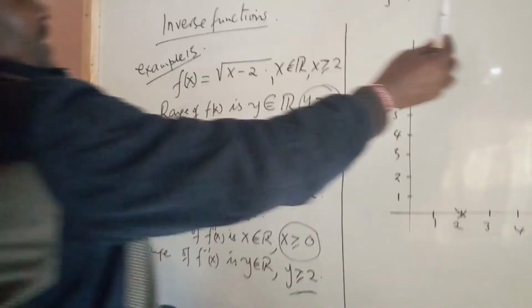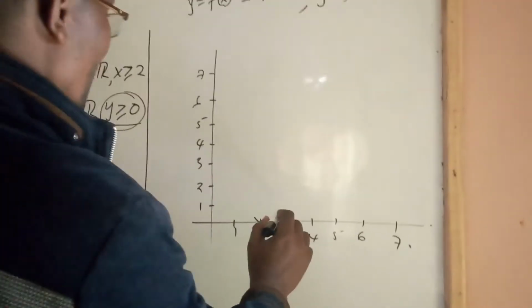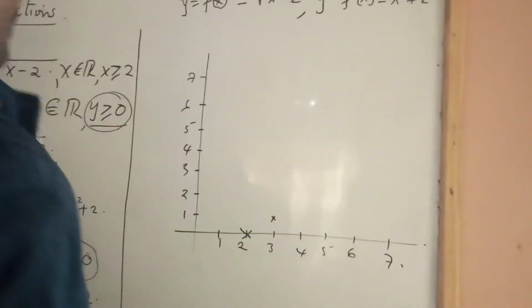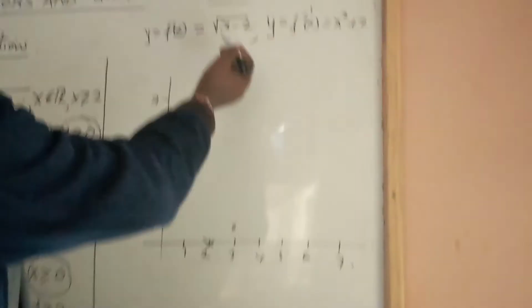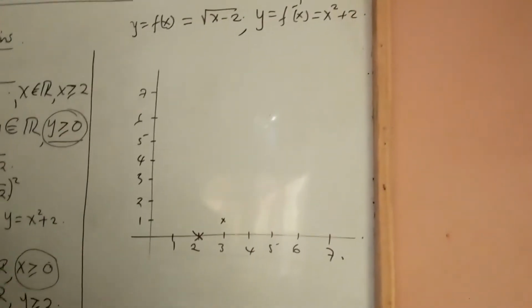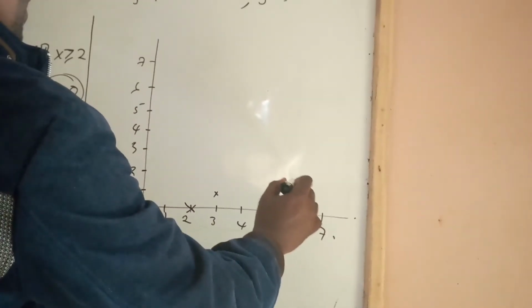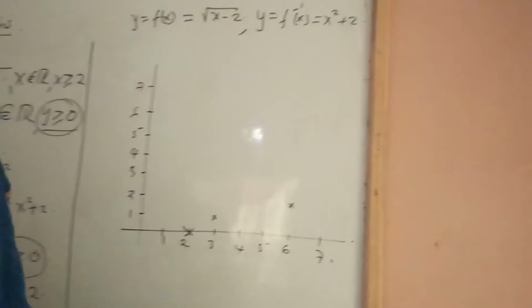When x is 3, 3 minus 2 is 1, and the root of 1 is 1. So somewhere there. When x is, let's say, 6, 6 minus 2 is 4, and the root of 4 is 2. So when x is 6, y is 2.